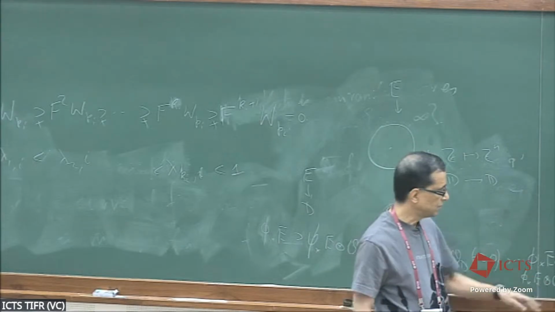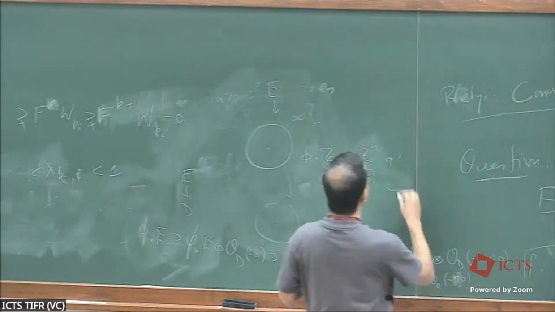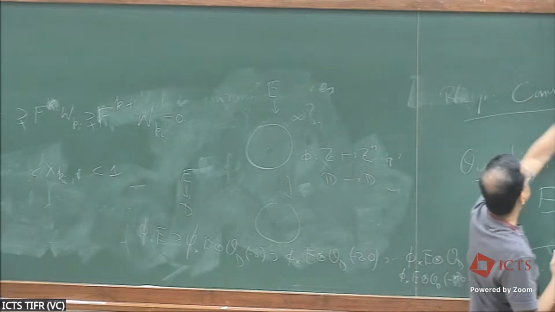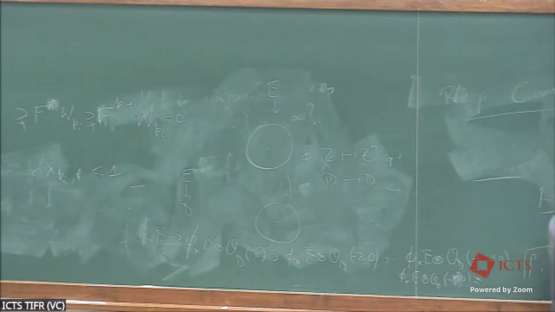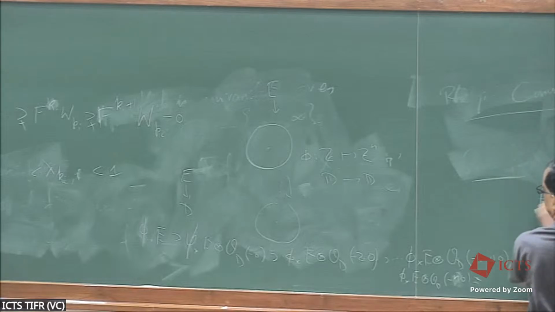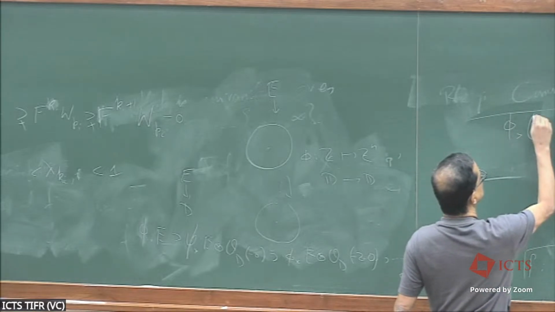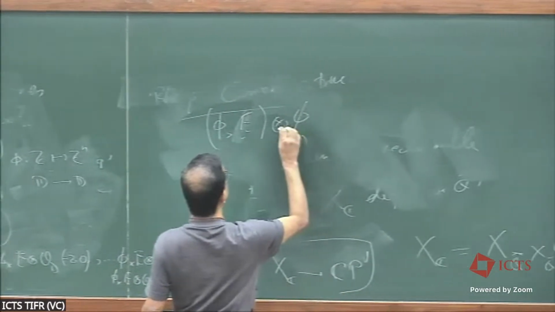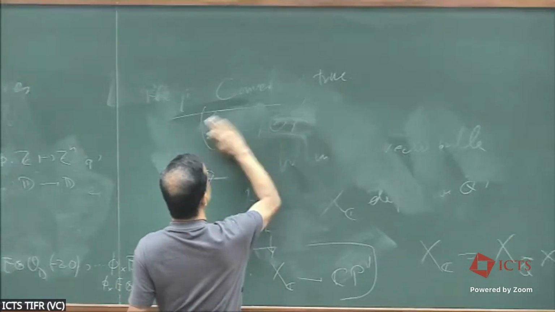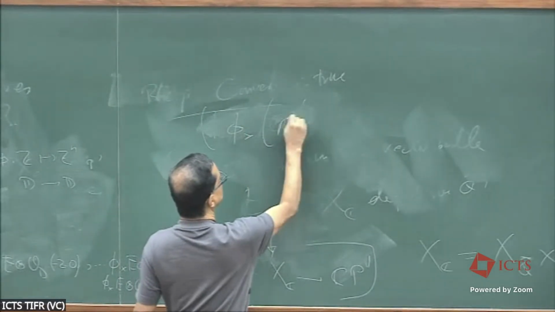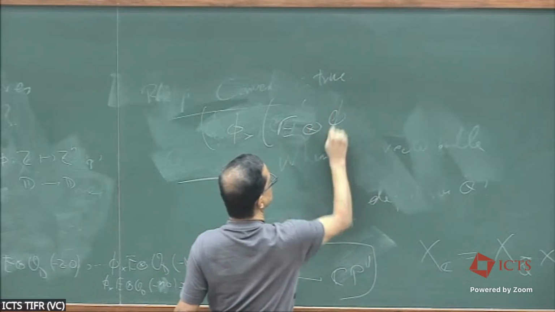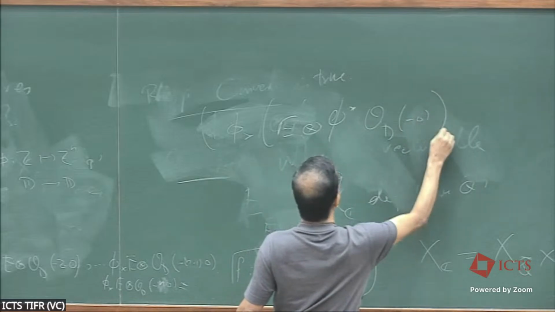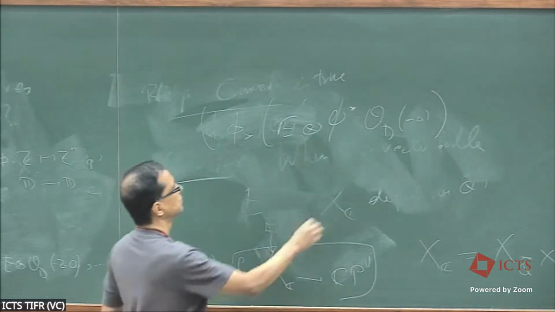Let me write this equality somewhere here. So this is phi lower star of E tensor phi upper star of O_D minus 0, this one being n times 0.